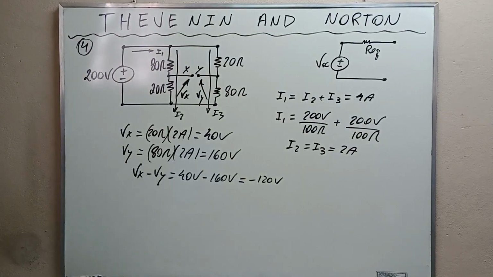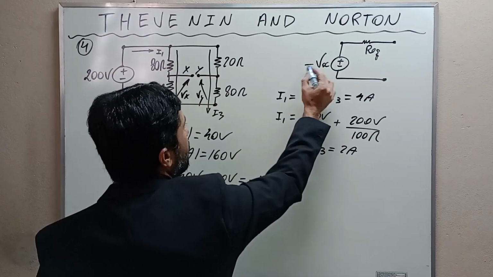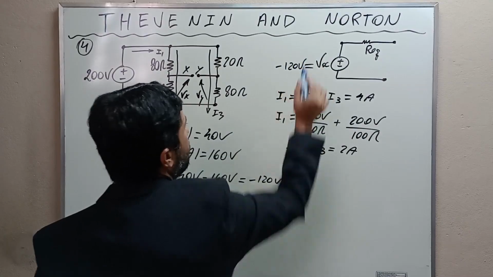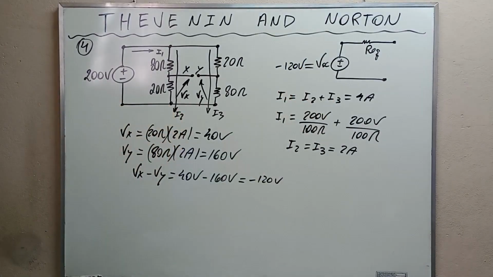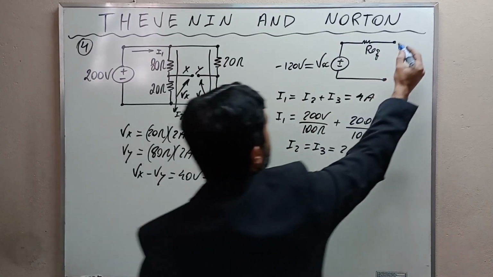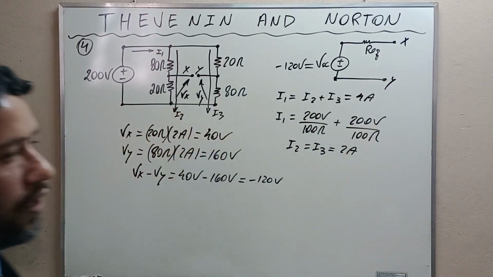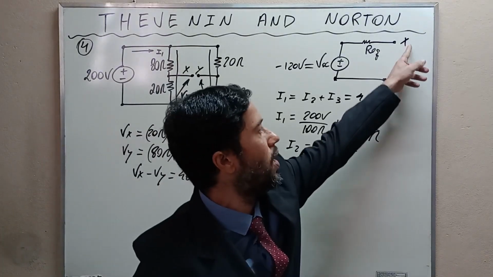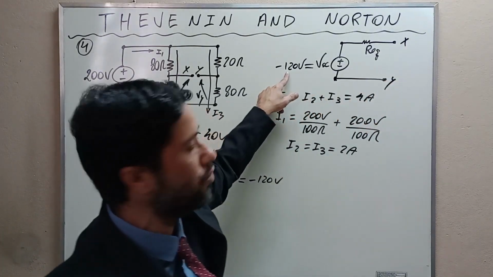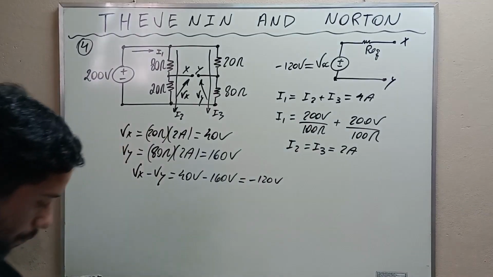Okay, my friends? This is the value of the open circuit voltage. It is equal to negative 120 volts. Okay? If we choose to put X here and Y here. Okay, my friends? If we choose to put Y here and X here, then this would be positive.